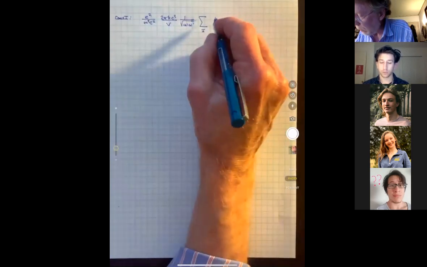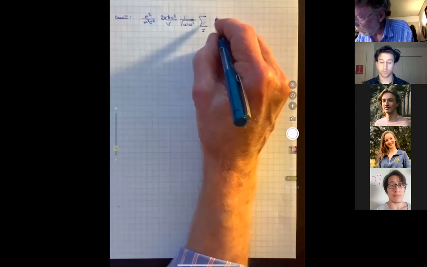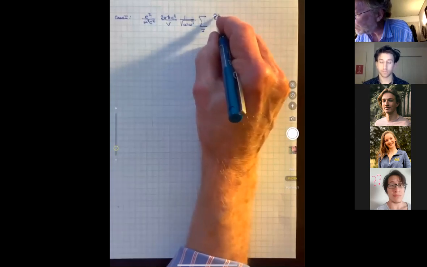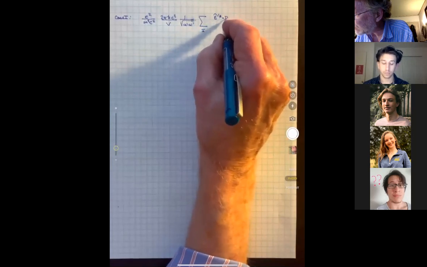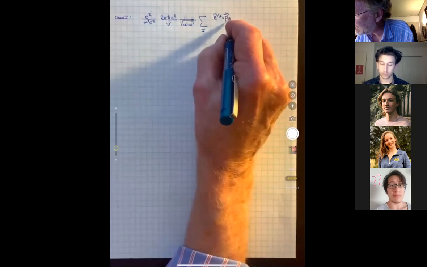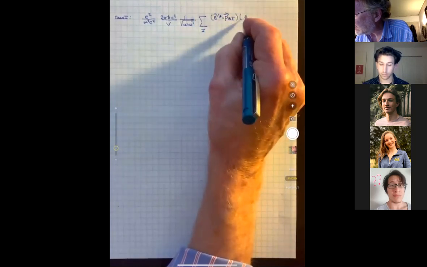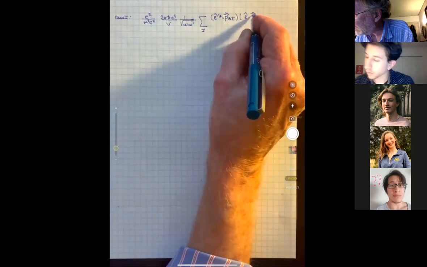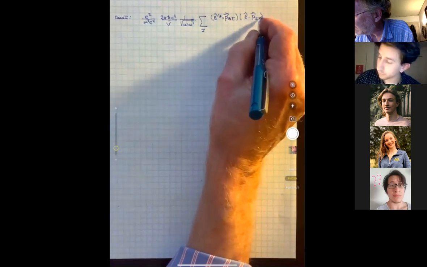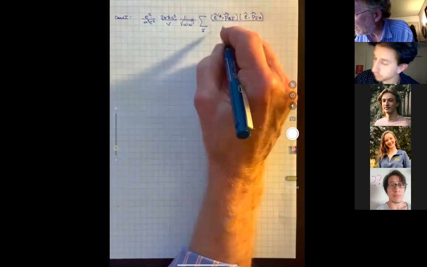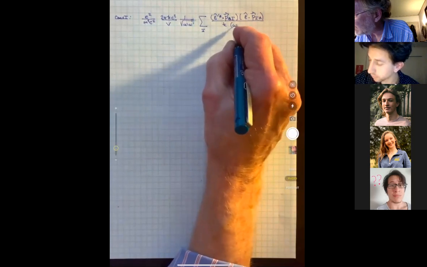We then have, I'll write it this way, epsilon hat prime star dotted into p sub BI times epsilon hat dotted into p sub IA, divided by h bar times omega minus omega_IA.